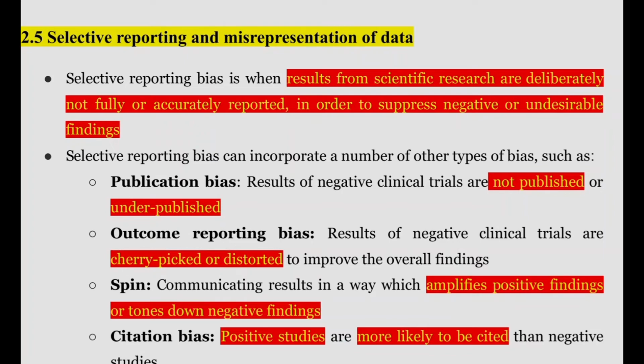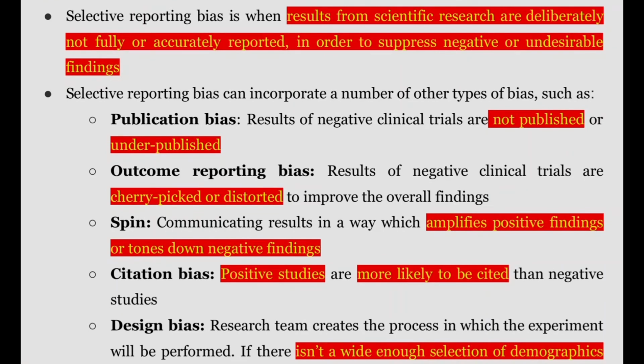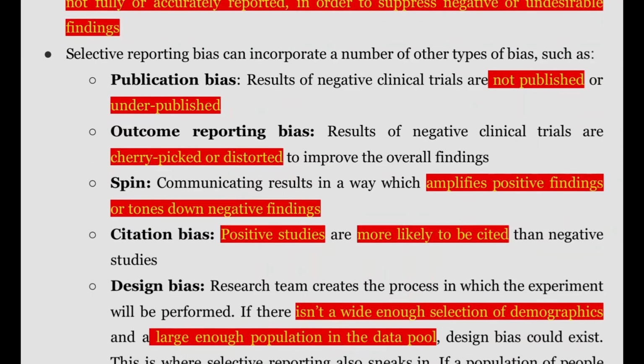If they don't get the desirable result, they misinterpret it or interpret the data in such a way that it looks positive. Selective reporting bias can incorporate a number of other types of bias, such as publication bias, where results of negative clinical trials are not published or are underpublished.